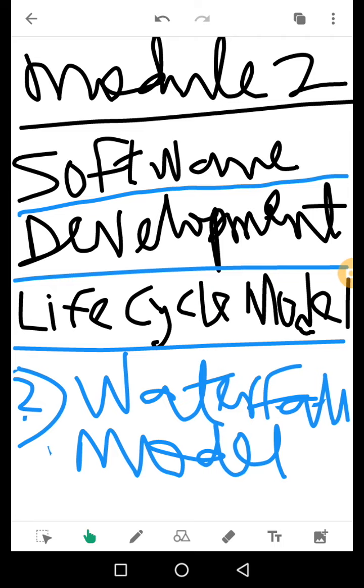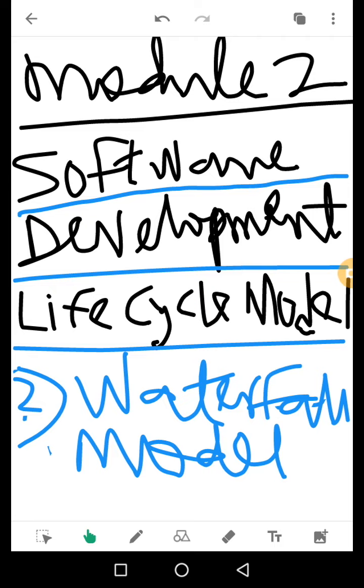That is, the V-shaped model is sequential in execution of processes like the waterfall model we just considered.